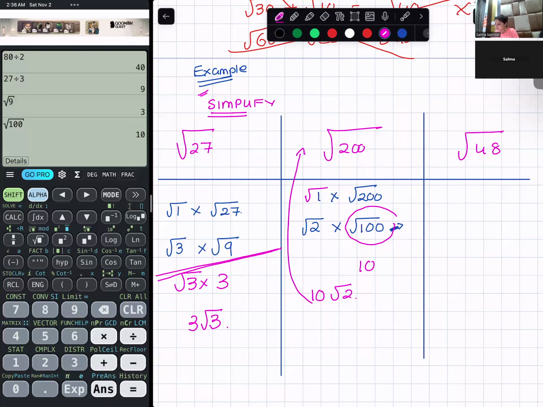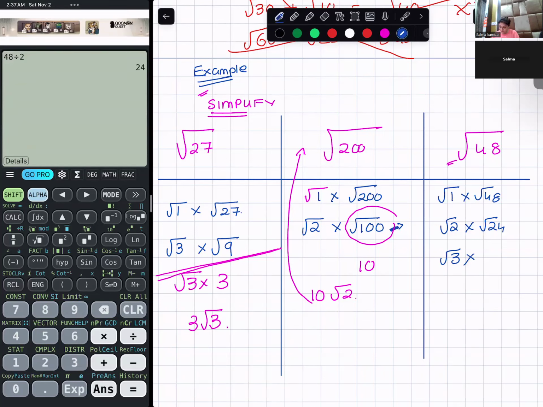Now if I take root 48, I want the factor pairs of 48. So I know factor pairs of 48 are root 1 into root 48, root 2 into, check, 48 divided by 2, 24. Root 24. Is any one a square number inside the root? Nothing. Let's try 3.